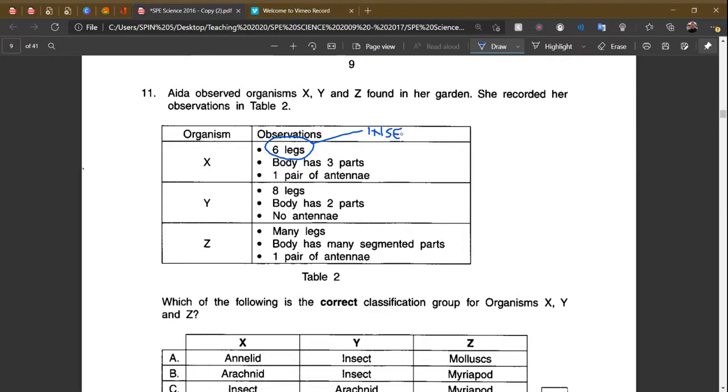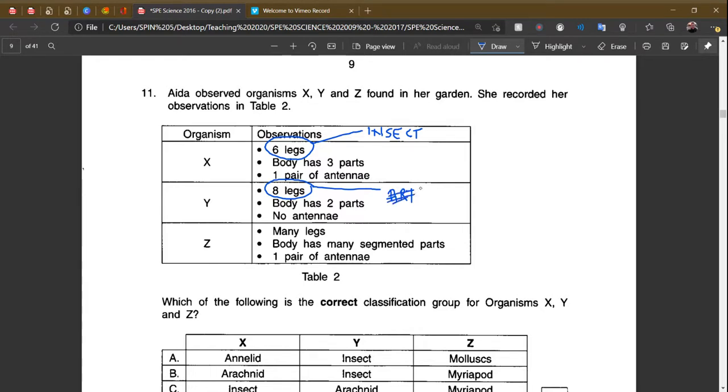So if you look there, insect is six legs, six letters. Then let's see, arthropod. No, it's not arthropod.